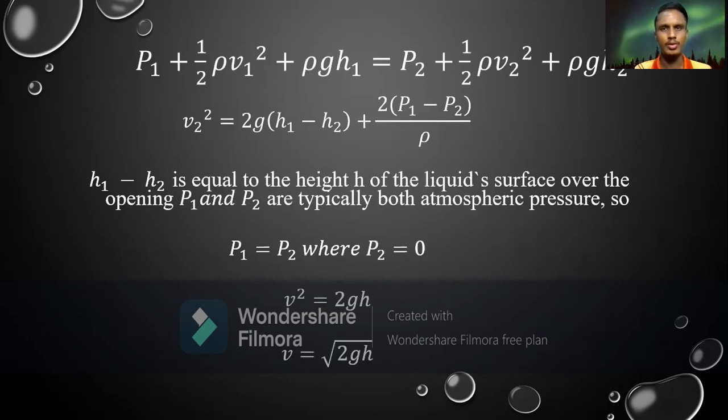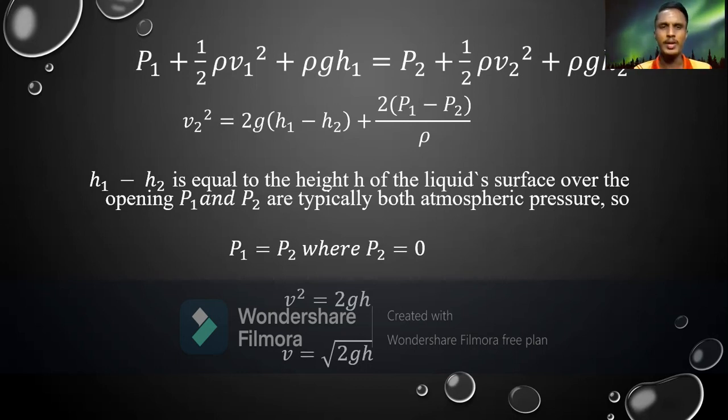When we compare two points, point 1 and point 2, according to the Bernoulli equation we can produce another equation: p1 plus half rho v1 squared plus rho g h1 is equal to p2 plus half rho v2 squared plus rho g h2.